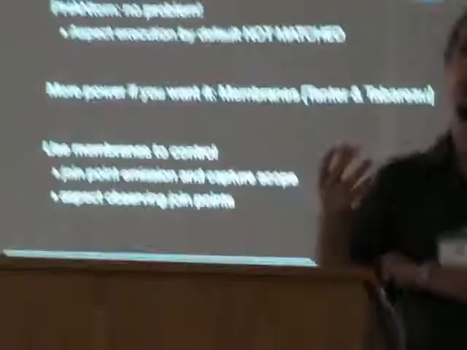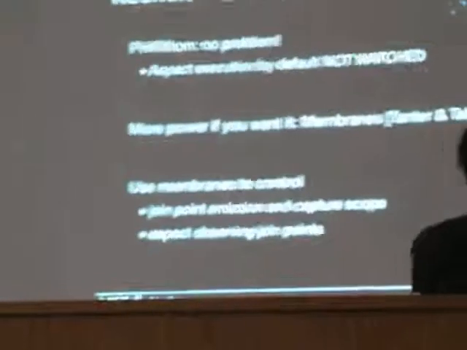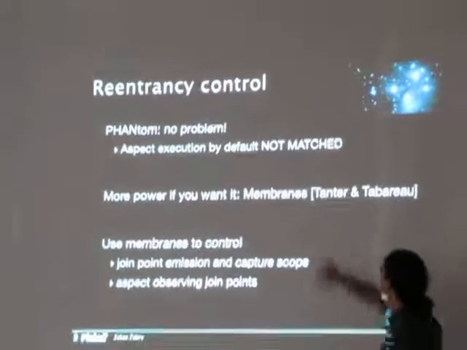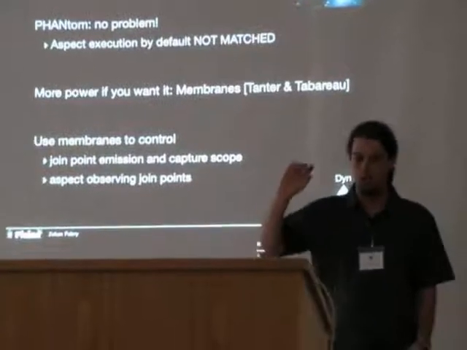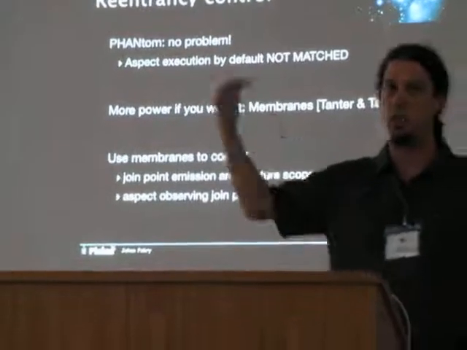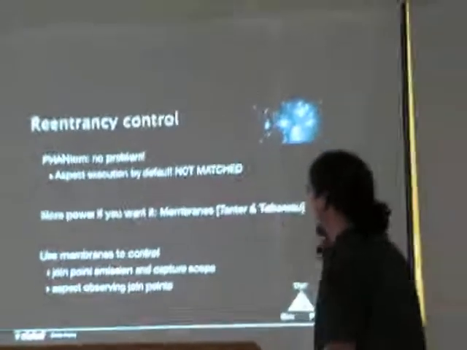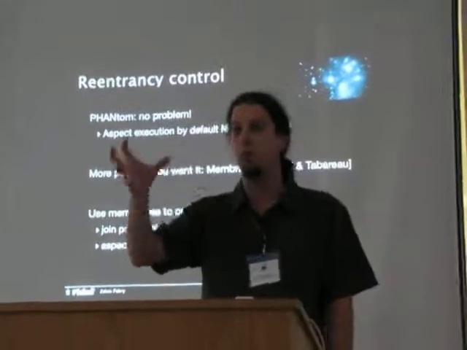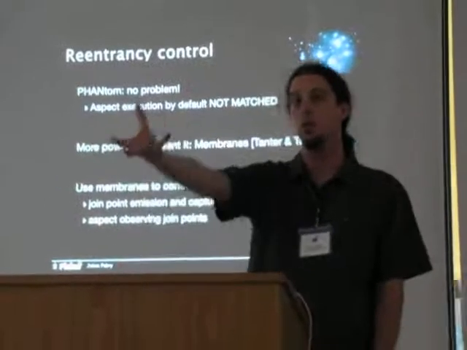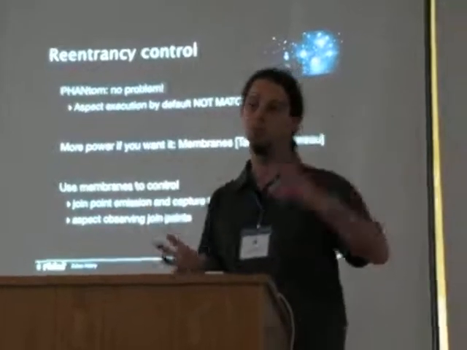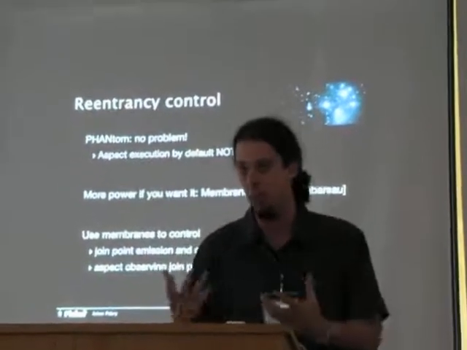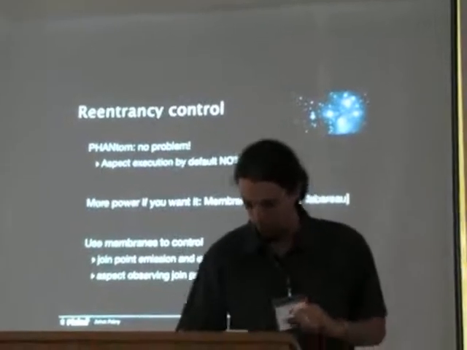But then you're going to say, okay, yeah, but that means there's a lot of stuff that I cannot do. No, because we have more power. You can use the idea of membranes, by Eric Tanter and Nicolas Tabareau, which is a refinement of execution levels, in case you know about this stuff, where you can control the scope of where join points get captured, and this allows you to write very complex topologies of how to manage your reentrancy in a basically straightforward way.